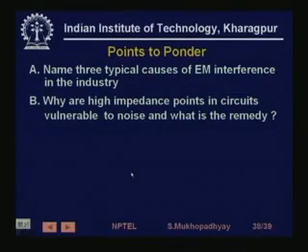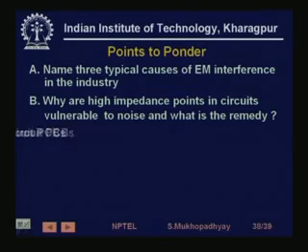Then, why are high impedance points in circuits vulnerable to noise, and what is the remedy? Why they are vulnerable, you can understand if you find the impedance from the noise source to the ground through the coupling path. If that point has a high impedance to ground, then you can see what amount of voltage will be coupled compared to a low impedance point. The remedy we have already discussed in the lecture.